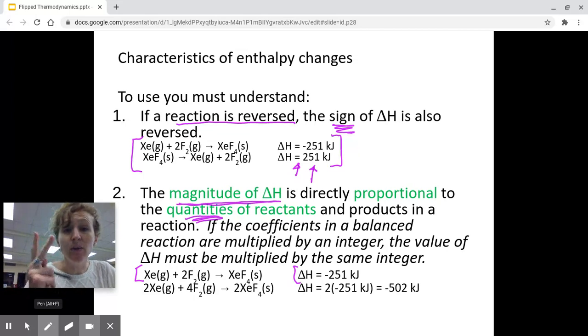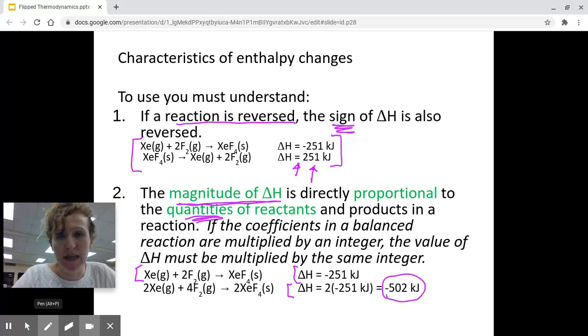If you have to double that reaction, so 2 xenons plus 4 fluorines goes to 2 xenon tetrafluorides, the delta H of that will be doubled also. Okay, so remember, if you reverse it, you have to flip the sign. If you double it or triple it or quadruple it, the reaction, you have to double, triple, or quadruple the delta H as well.